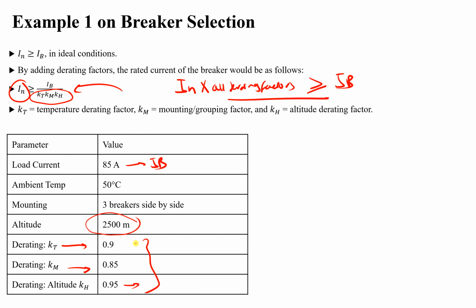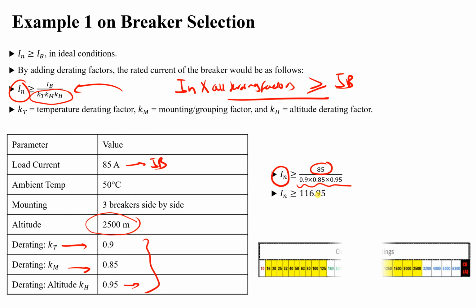So we have to select a breaker that satisfies these conditions. We need In greater than or equal to the design current Ip divided by all of these derating factors, so In must be greater than or equal to 116. We have these circuit breakers for IEC circuit breakers, because you will find that in the NEC it will be different.